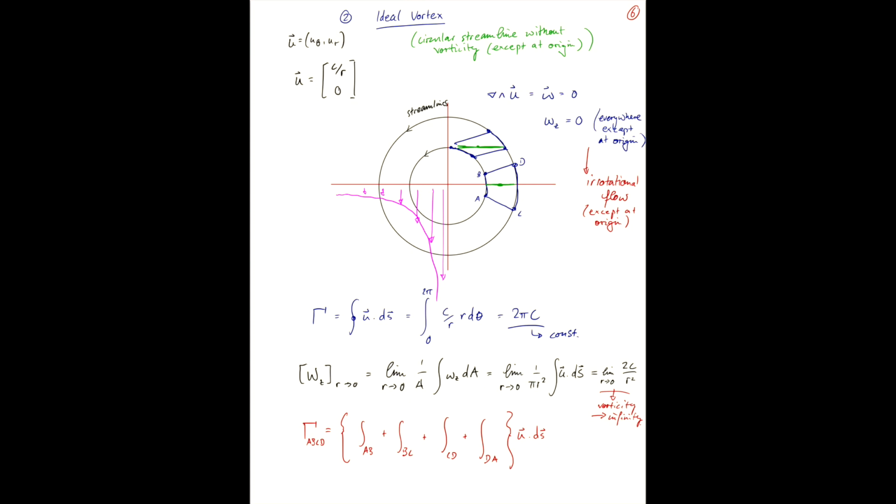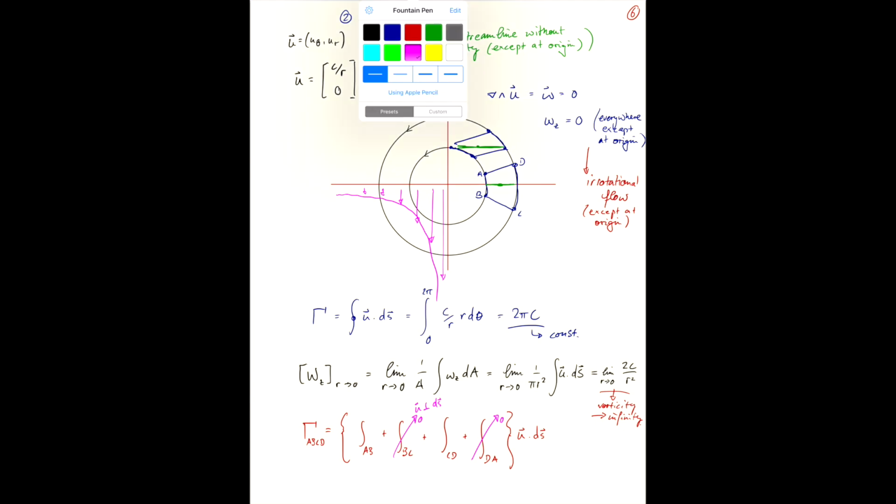And since BC and DA are always perpendicular to our flow, here u is perpendicular to ds, so those are 0.